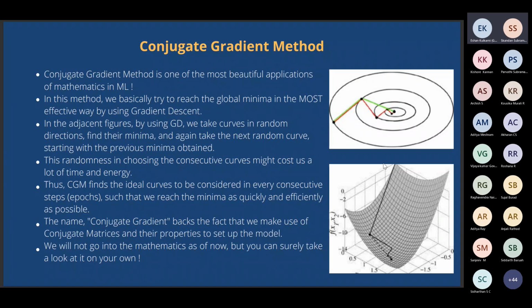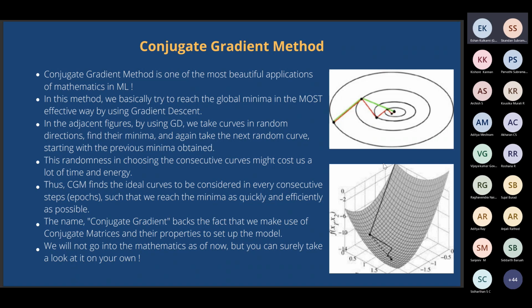In the normal gradient descent method, as I said, the direction and the steps that we choose are basically random, so they might require a lot of time and effort to reach the optimal solution.